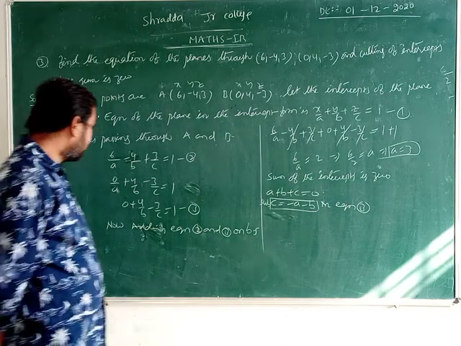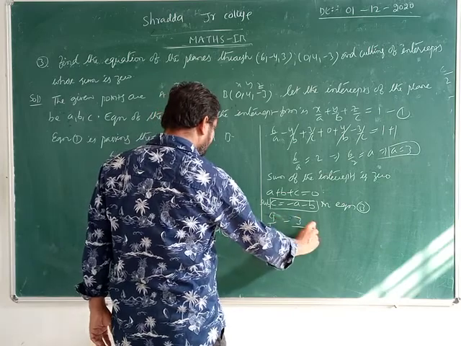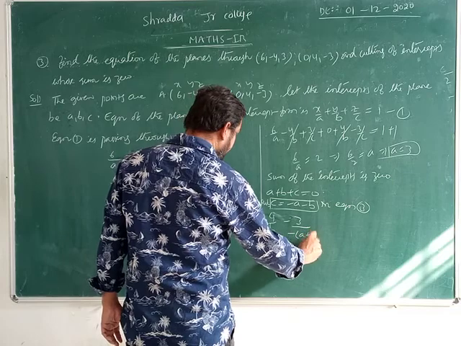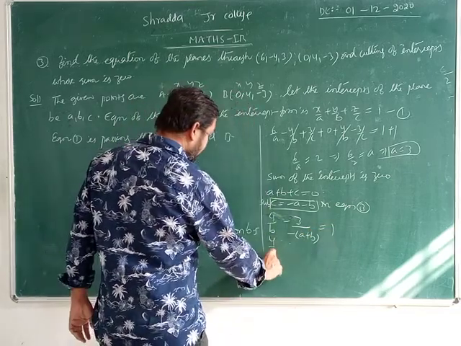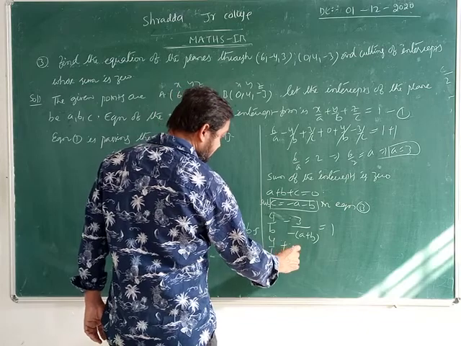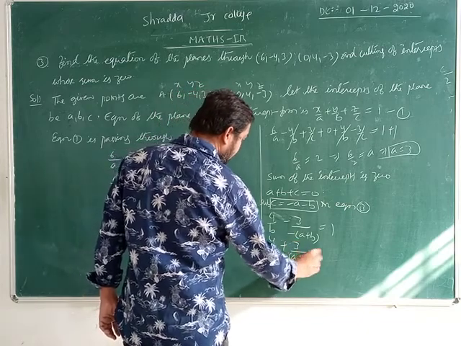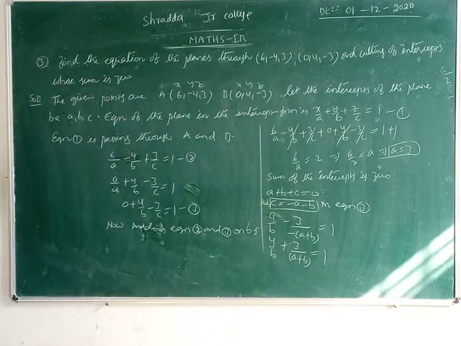So then what we are getting here: 4/b minus 3/c, what is c here? Minus of (a plus b), equals 1. So now we have 4/b, minus into minus is nothing but plus, 3/(a plus b) equals 1. See now what we are getting here.